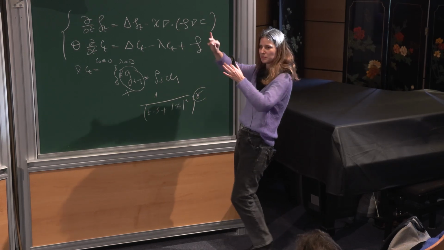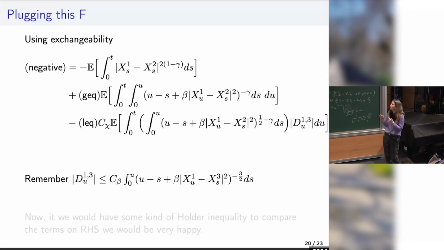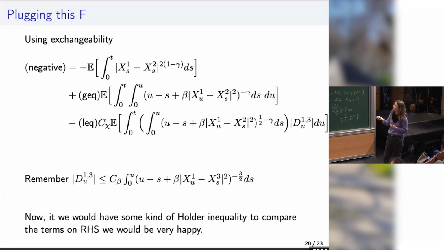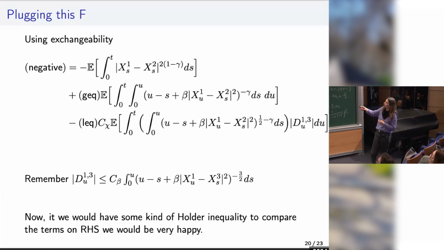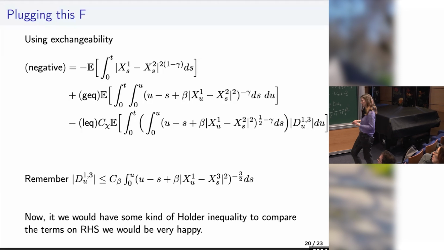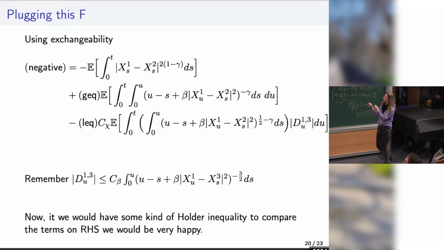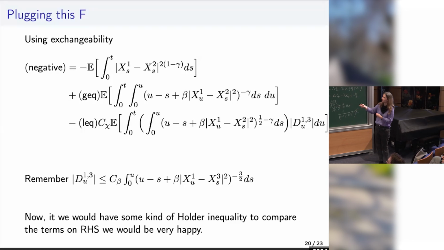So there is no time and space mixed, but time and space separated like this. And if we had some kind of Holder inequality that could compare those terms, well, I'm putting a lot of computations under the carpet, but it's really crucial to be able to compare these guys, which now play the role of the drift.